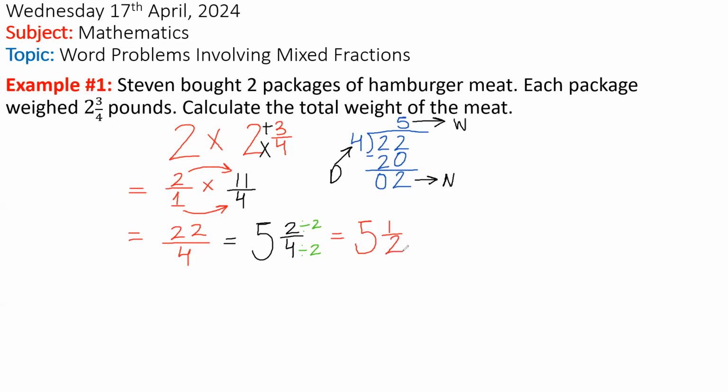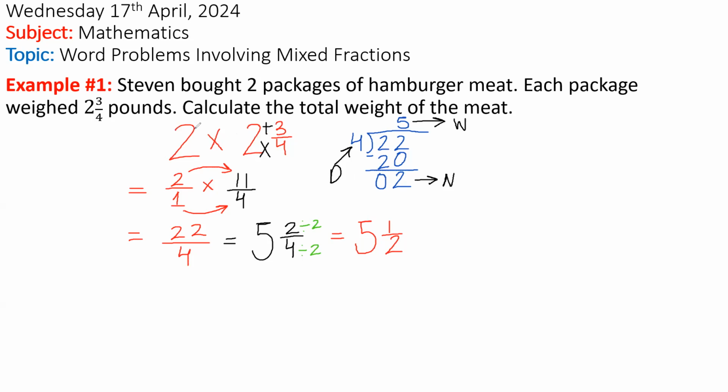So what did we do? Well, the first thing that we did, what they want us to do here, is that they said Stephen bought 2 packages of hamburger meat. Each one of those packages weighs 2 and 3 over 4 pounds. And we want to figure out the total weight, right? So in order for us to figure out the total weight, we have to take our whole number, which is 2, and multiply it by 2 and 3 over 4.